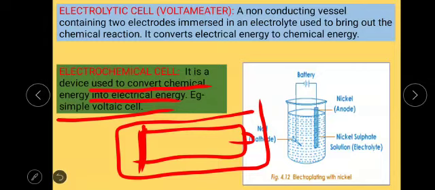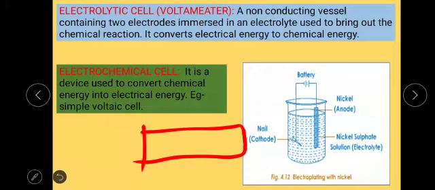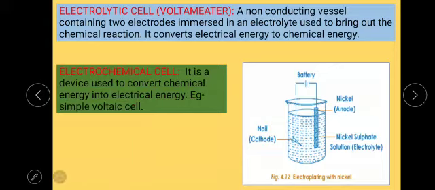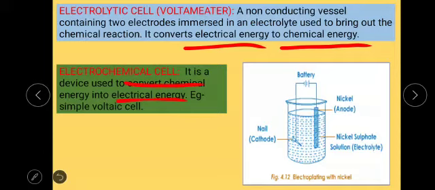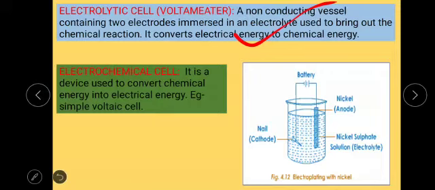In a torch we use these kinds of cells, and it produces electricity, and that is why the light is produced there. Whereas in a voltmeter, electrical energy is converted into chemical energy. That means chemical reaction is the ultimate result, whereas here electrical energy is produced with the help of a chemical reaction. That is a point you have to keep in your mind. Mainly you learn the first definition from the examination point of view.